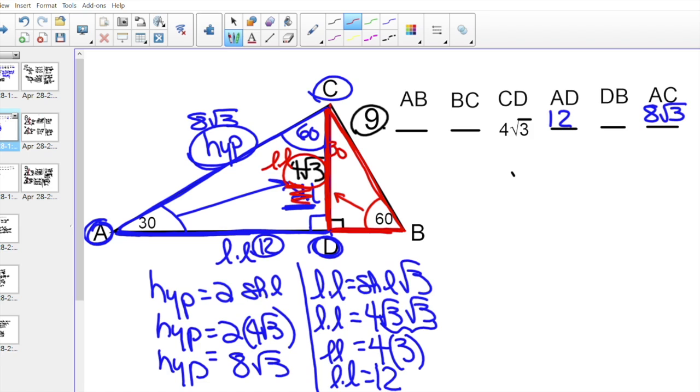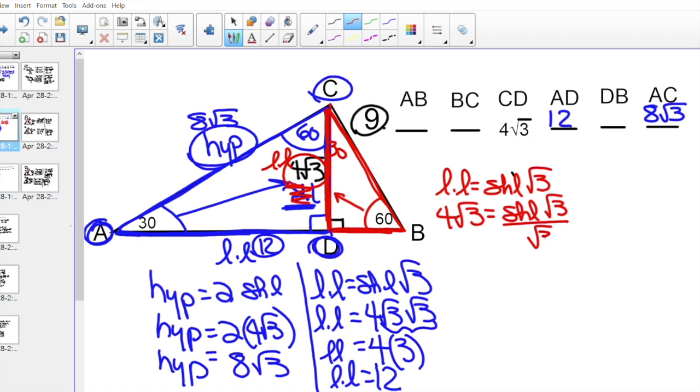So, we know in theorem 9-9, the 30-60-90 degree triangle, the longer leg is equal to the shorter leg times the square root of 3. And so in this particular problem, the longer leg is 4 on the square root of 3. You solve for the shorter leg by dividing by the square root of 3.